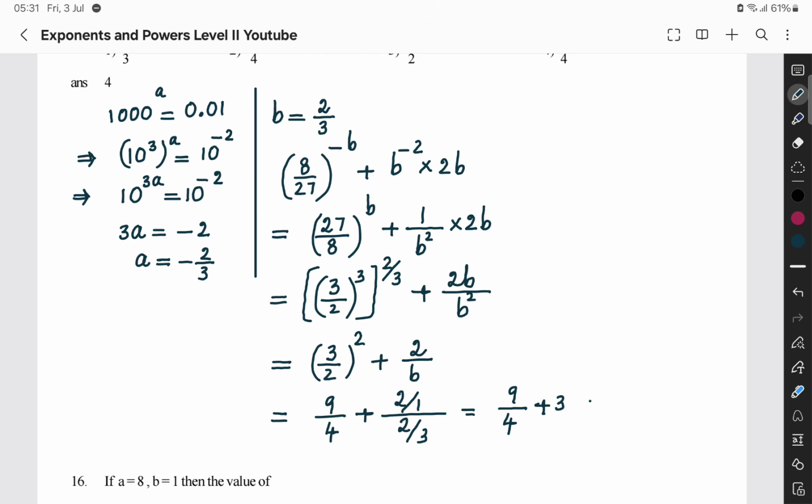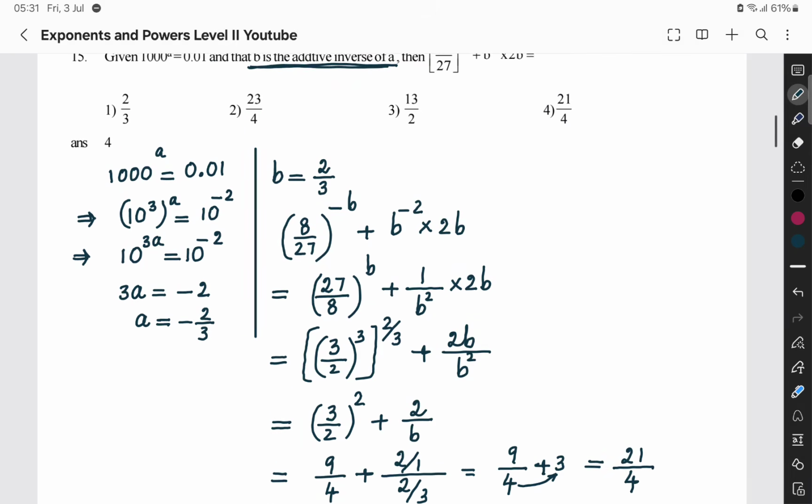So if you simplify this, 4 if you multiply here it will be 12. 12 plus 9, 21 by 4. So what is the right answer? It's number 4, 21 by 4. Now let us go to the next question.